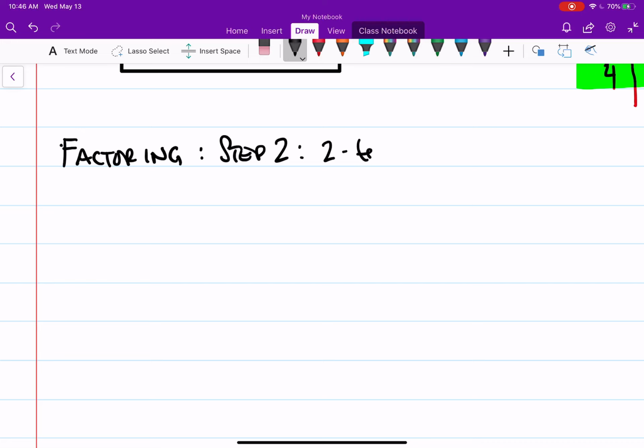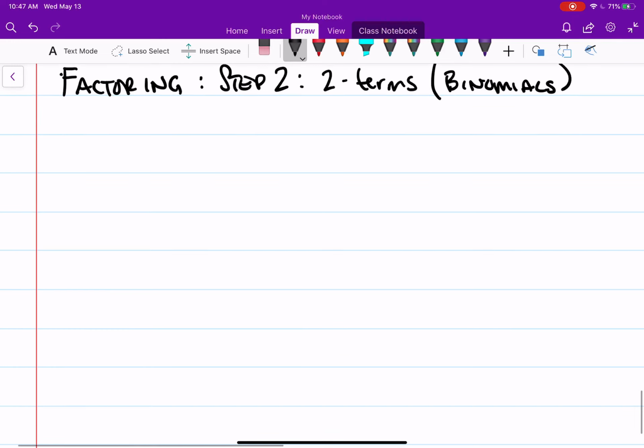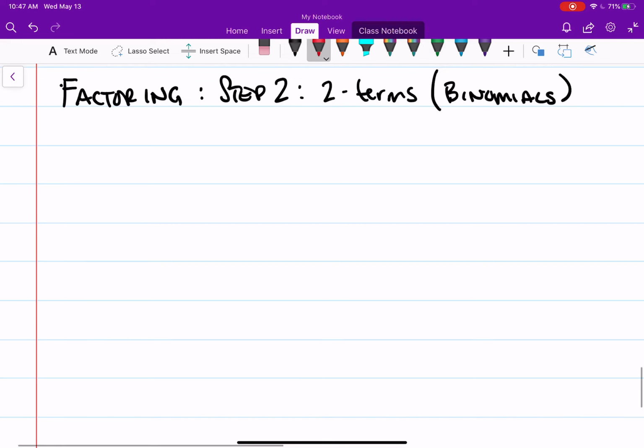2 terms. Okay, so far we've done 4 terms, 3 terms, now 2 terms. Okay, 2 terms are pretty easy. So these are binomials, right? So obviously you have the GCF, which is step 1. Okay, but after that, you have to ask yourself the question.